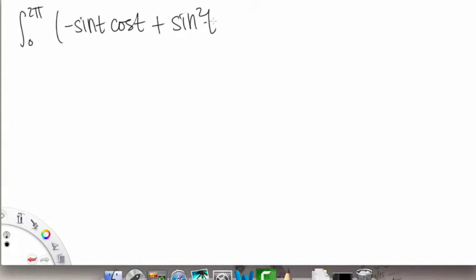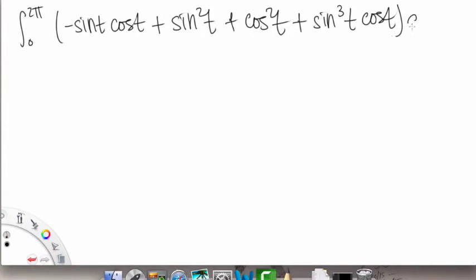Okay, so what we get is 0 to 2 pi, and then when we dot it out, we get negative sine t cosine t, plus sine squared t, plus cosine squared t, and finally plus sine to the third t times cosine t, and then a dt.